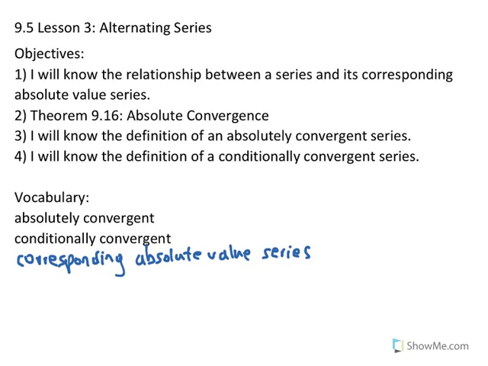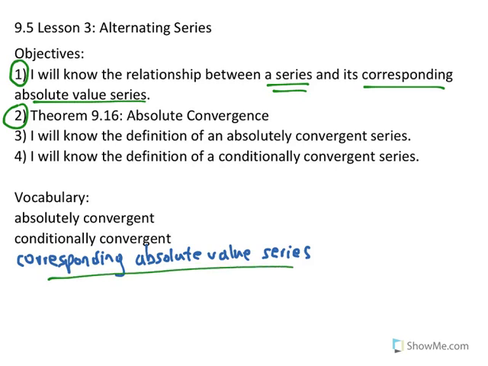So we looked at an example to help us with objective 1, so that we looked at the relationship between a series and its corresponding absolute value series. And then using that example, we looked at Theorem 9.16 about absolute convergence. Theorem 9.16 states that if the corresponding absolute value series converges, then the original signed series must also converge.